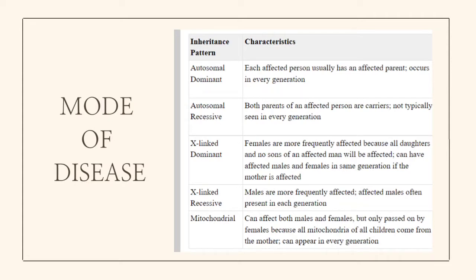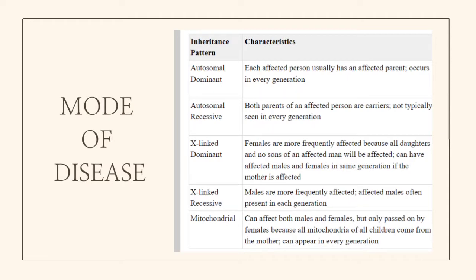So with that, because the mitochondria come from the mother, once the mother is affected by a specific disease, it is transmitted through the mitochondrial inheritance pattern. So, there is a high chance that both the daughter and the son will be affected by the certain disease. Are we clear? Okay?